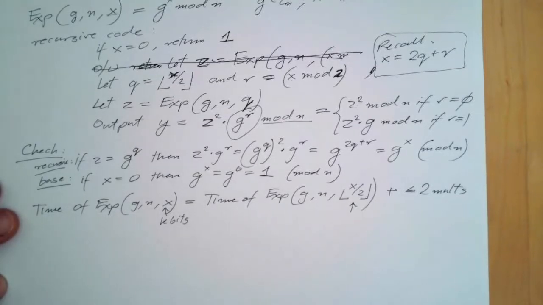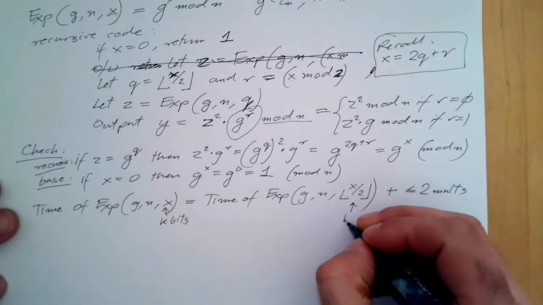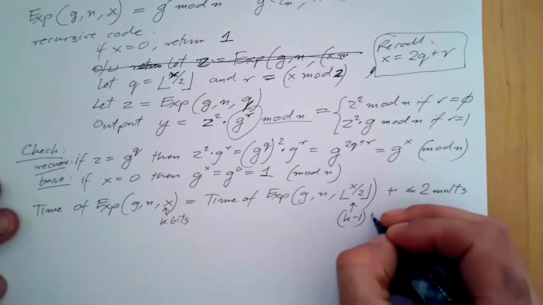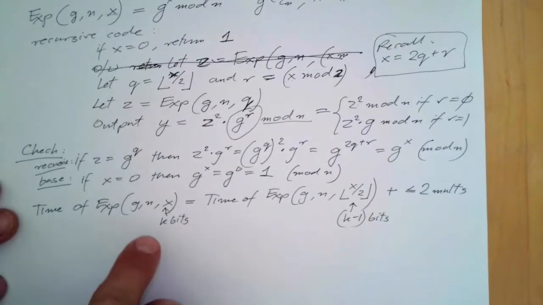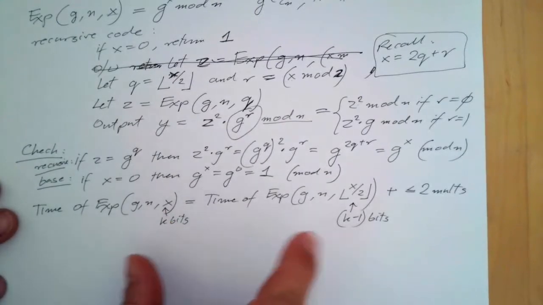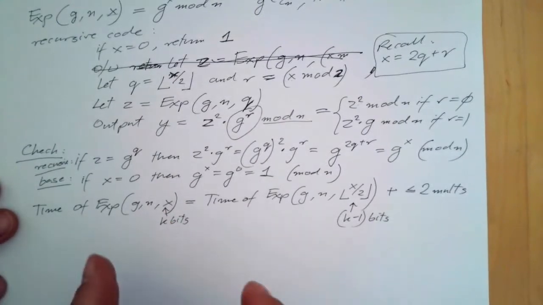K minus 1. Right, because you divide by 2, so you reduce the number of bits by 1.